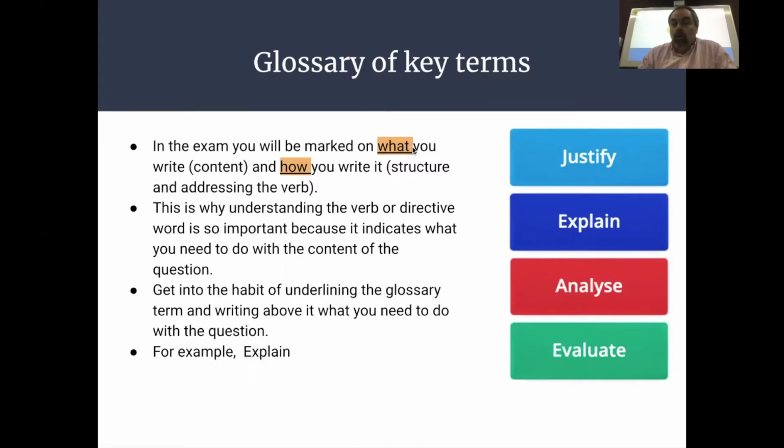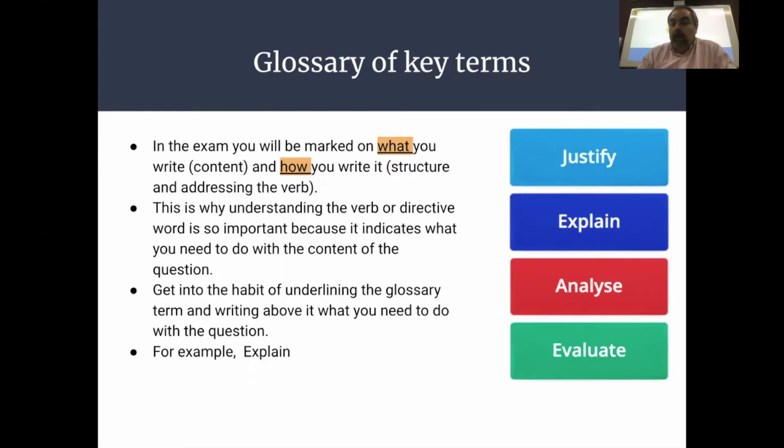So the what you write is the content. Okay, so that's the learn about. So the learn about content, and we've looked at the 4 topics, etc., that you've studied certain parts of the course, you know the content, you understand hopefully the content.